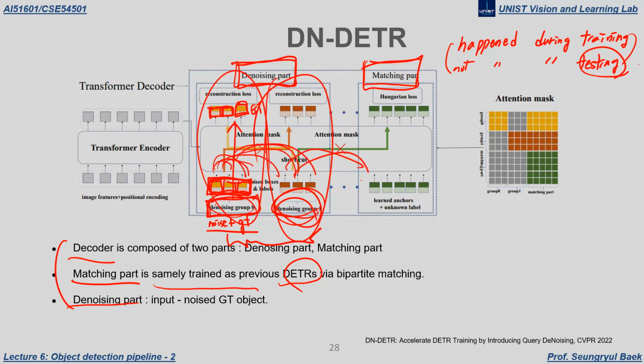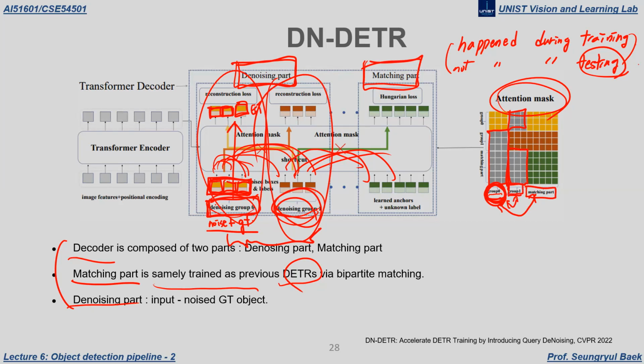The matching part and the denoising part are applied with the attention mechanism, but we use a mask when applying the attention. There is masking like this, where this means non-activated regions. Denoising group 0 does not attend to the matching part, and it also does not attend to other denoising groups.